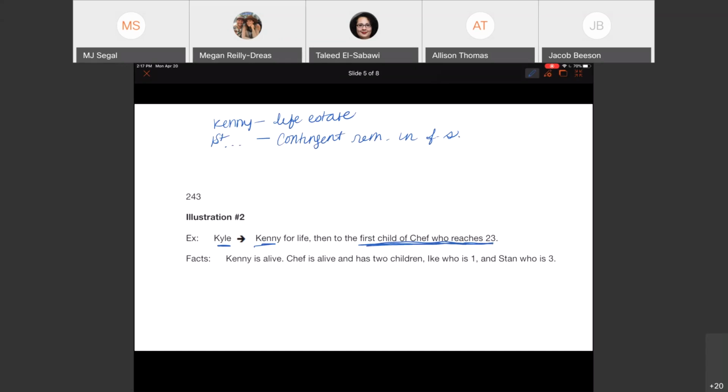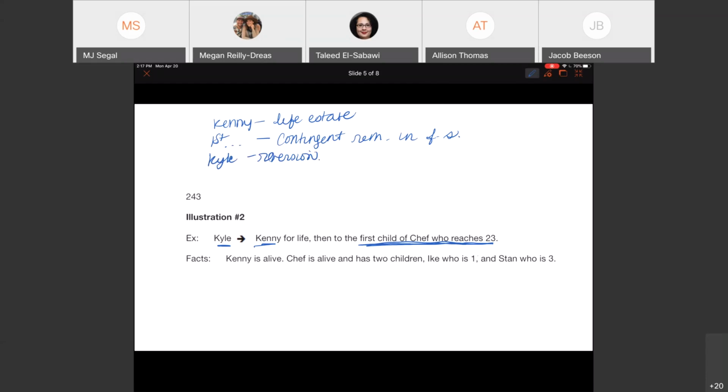And it's a class gift. Well, actually, it's not a class gift. Ignore that last part. Go with the condition. The reversion goes to Kyle because if for some reason one of Jeff's children doesn't reach 23, the property has to go somewhere, right? Reversion, not aversion.